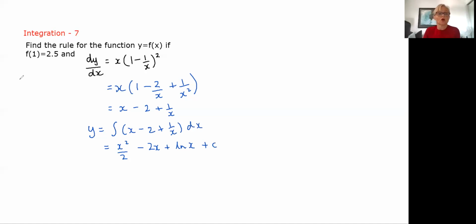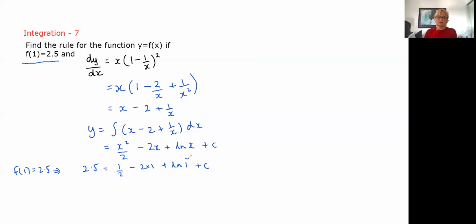Now we are told in the question that f of 1 is 2.5. All right, so f of 1 is 2.5. So that tells us that 2.5 equals 1 squared on 2, which is a half, minus 2 times 1 plus natural log of 1 plus c.